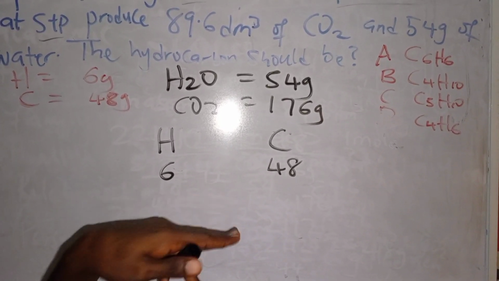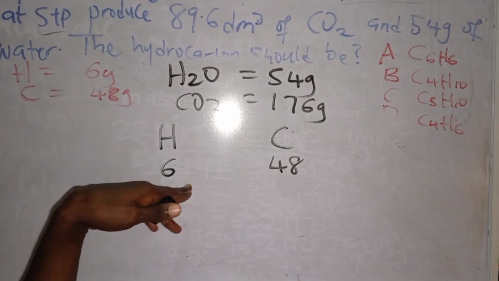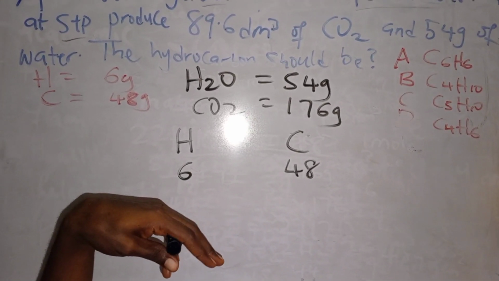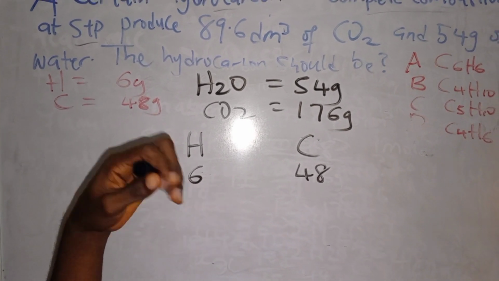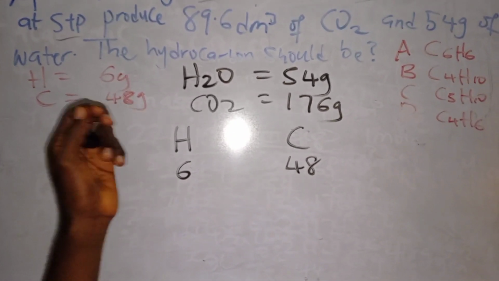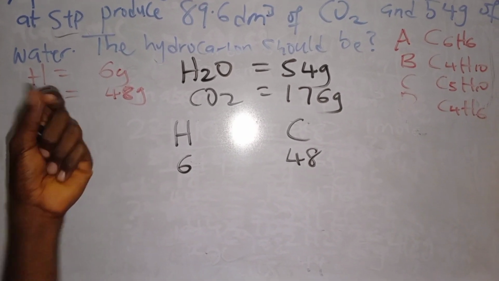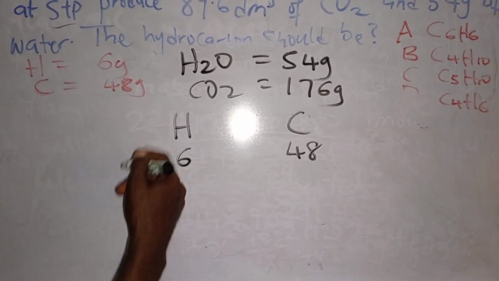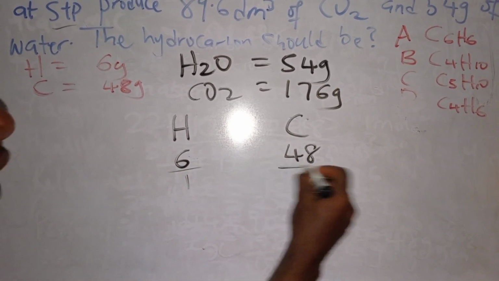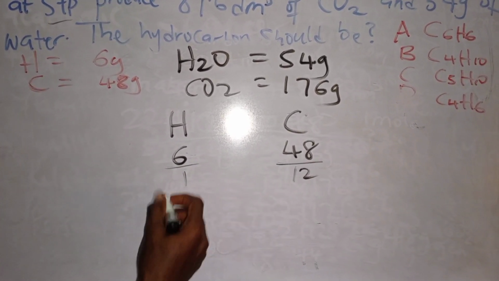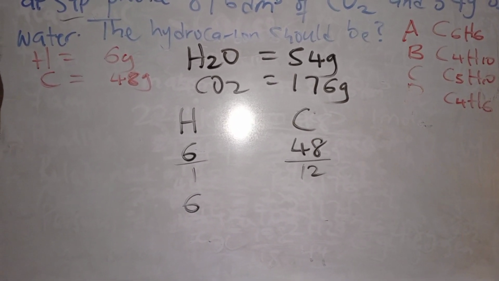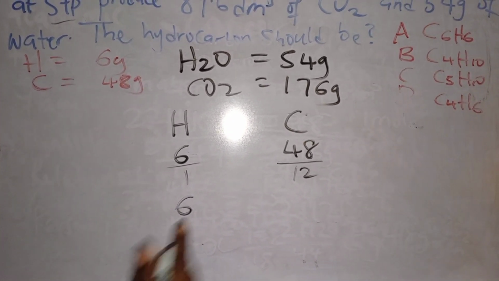So from here, the first step in empirical formula is converting these masses to their respective moles. And mind you, solving stoichiometric questions from the standpoint of moles is more convenient and safer. So here to convert this to mole, we divide by the molar mass, which is 1, and this we divide by the molar mass, which is 12. And dividing this, we have 6, and this will have 4.